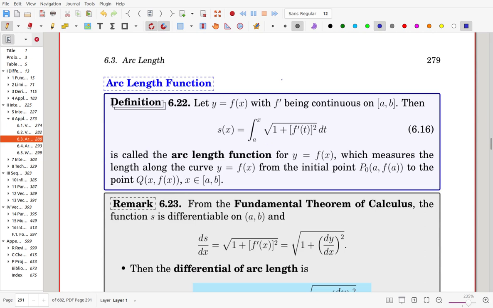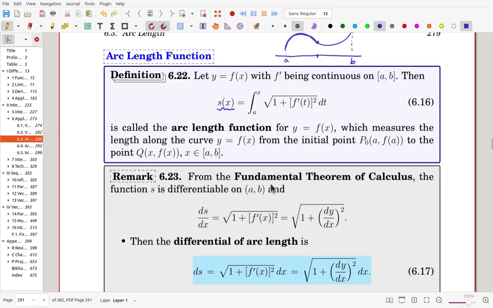Once the curve is given, for example, in this way, and that is a, and that is b, then for some x, we try to get the length from here to there, and that is the arc length function S of x.